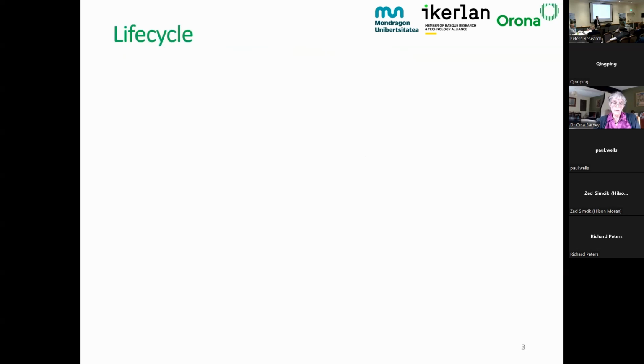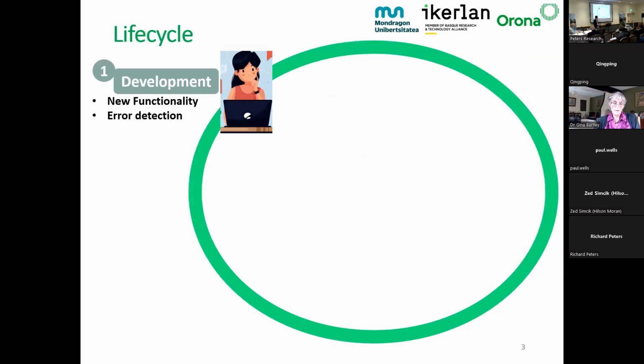Currently, before this project began, the life cycle of these changes was: I'm a developer, I want to develop a new function, or correct a bug. So I program this.